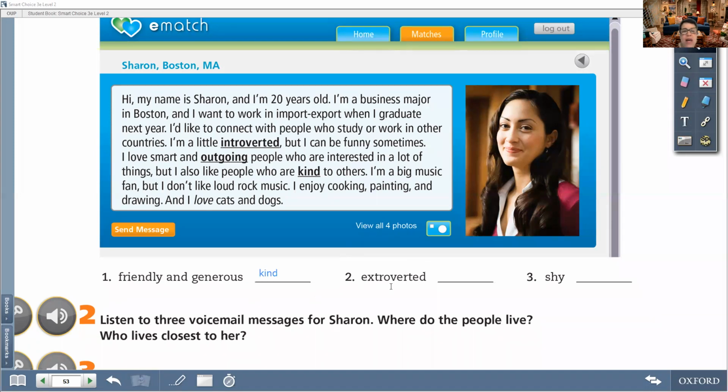Okay? So if you are friendly and generous, you are kind. Okay. Now, extroverted. What is the best synonym for extroverted? Outgoing, very good. So outgoing people are extroverted people. Okay? People who talk to a lot of other people, who have many friends.